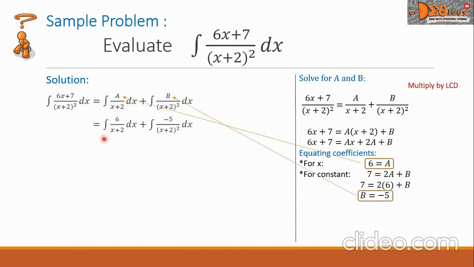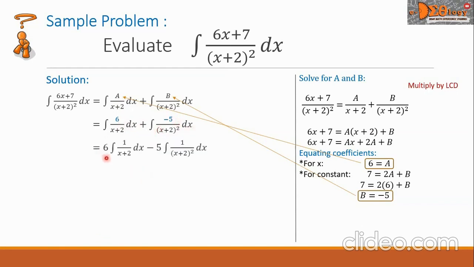So we will get the integral of 6 over x plus 2 dx plus the integral of negative 5 over the square of the quantity x plus 2 dx. Since these are constants, we can put them outside the integral sign.